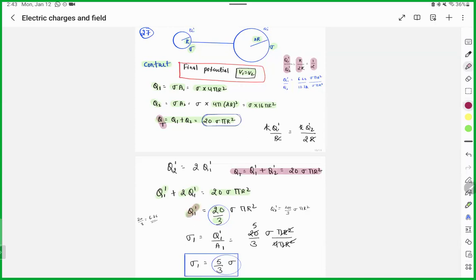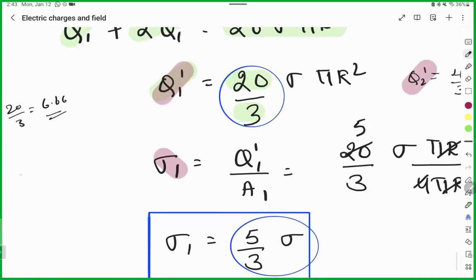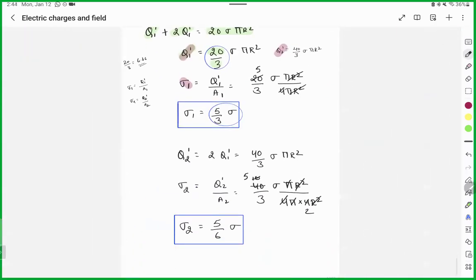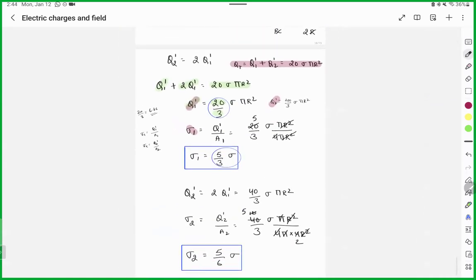Then you can calculate the new Q1 and Q2, and through this it will be easy to calculate the new charge density. It will be the new charge by area. Same for sigma 2, it will be Q2 dash by area of 2. You will get the answer. I will show you again whenever we solve a question. Go through it and let me know your doubts.